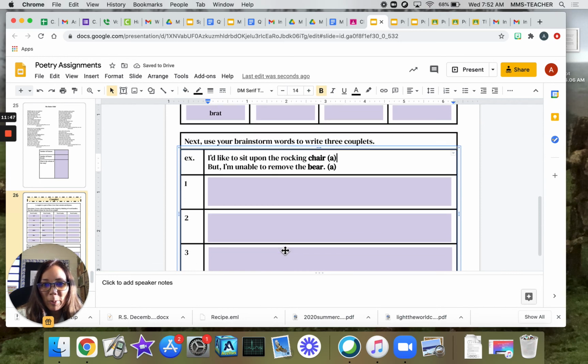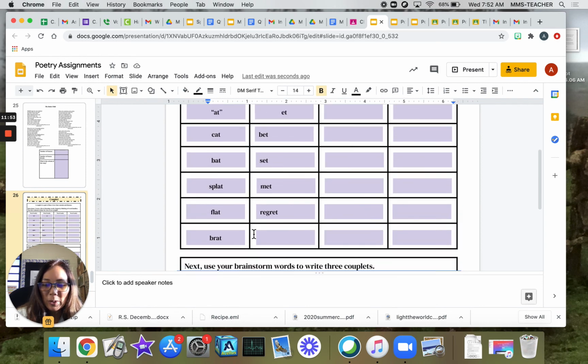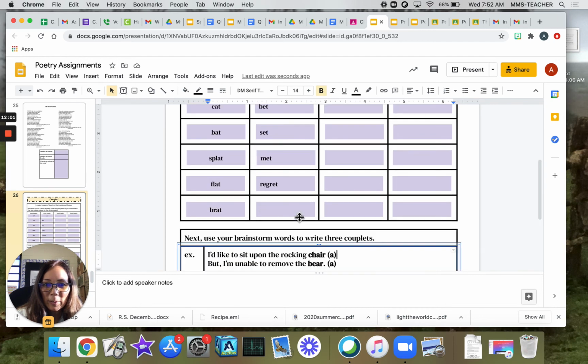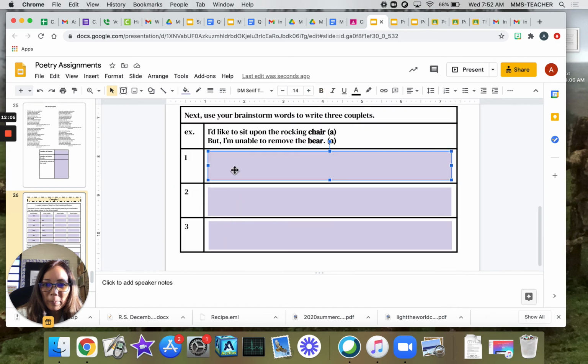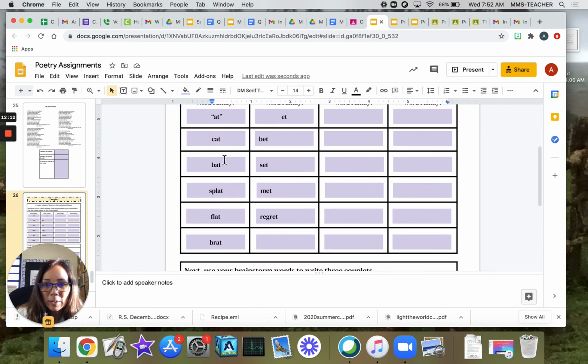In the next 3 boxes, you're going to write 3 examples of couplets. Now you can use these rhyming words here. So if I look at my word family for "et," I can come up with a couplet for number 1. Let's see.